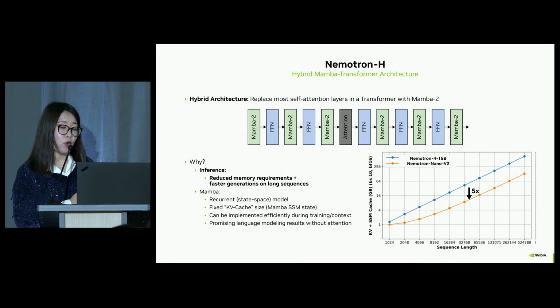So it gives you reduced memory requirements and faster generation on long sequences. If you compare in this figure, the red curve is our Nemotron Nano V3, which uses a hybrid transformer architecture. It has 5 times less KV plus SSM cache compared to Nemotron-4.